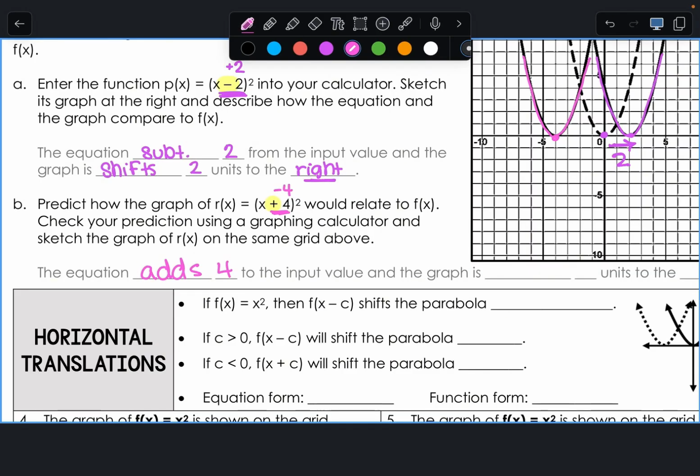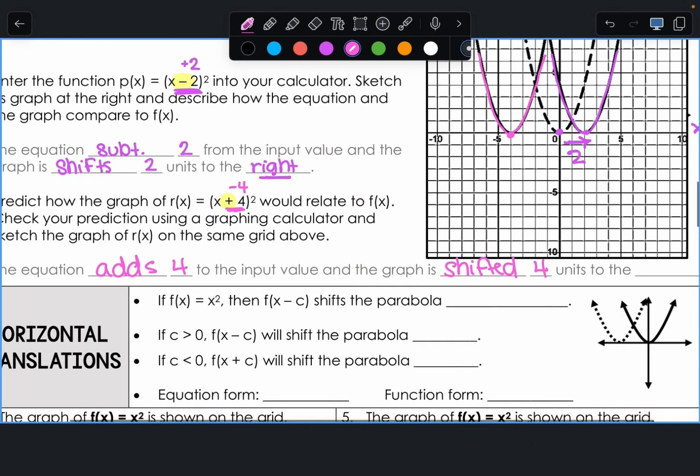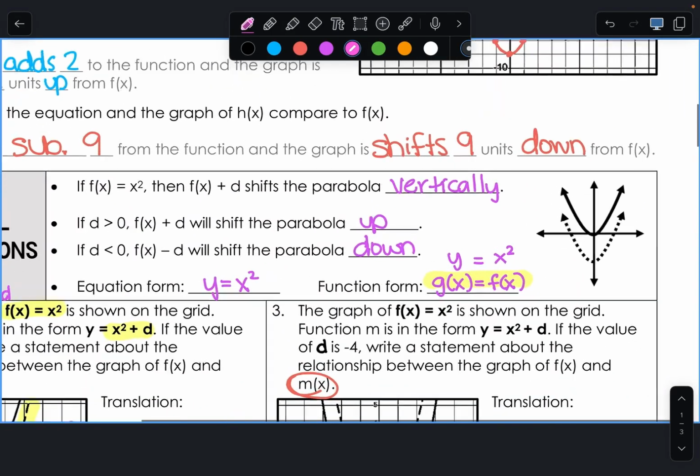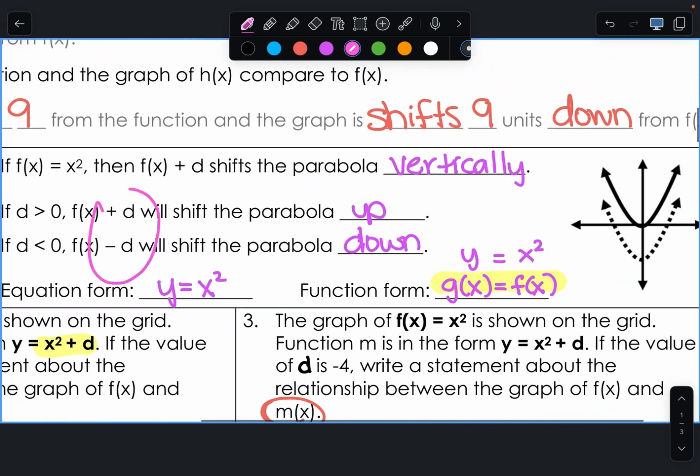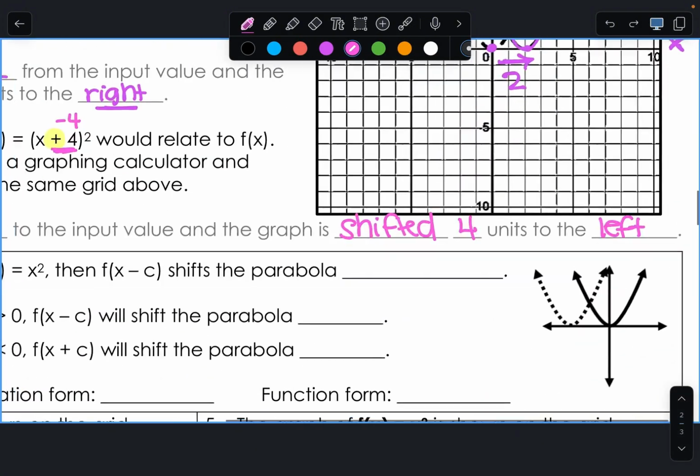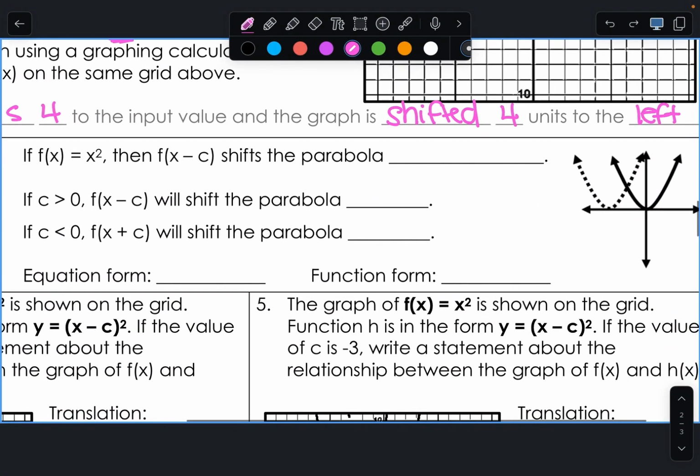But the shift is that it shifted 4 units to the left. So this is what we call a horizontal translation. Anytime you have a number that's changed inside of the parentheses, that goes left and right. But if you change the last number, outside of the parentheses, the plus or minus d, that one moves it up and down. Inside of the parentheses, left and right. Outside of the parentheses, up and down.